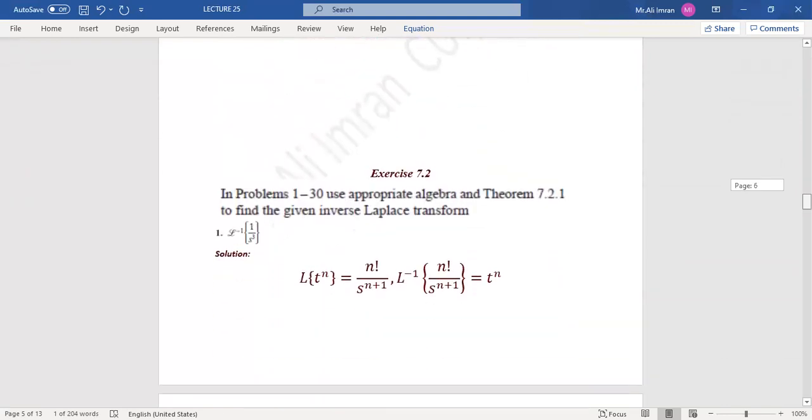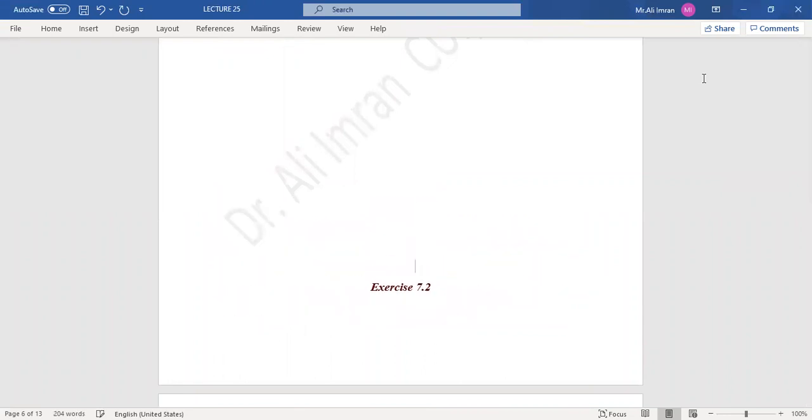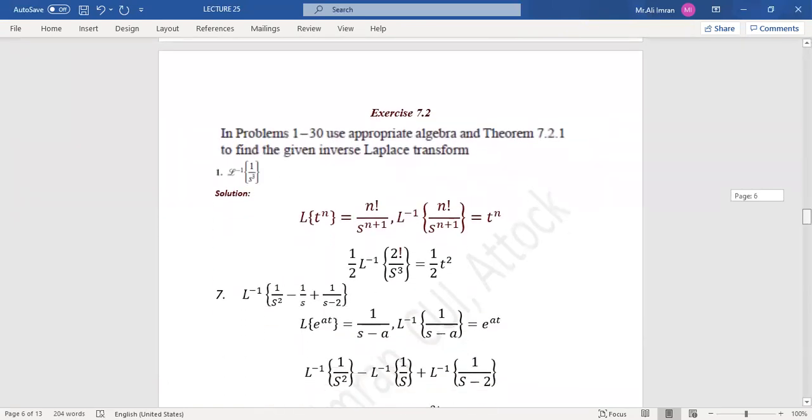Now we will solve some questions from exercise 7.2, problems 1 to 30. Use appropriate algebraic simplification to find the given inverse Laplace transform. The first question is the inverse Laplace transform of 1 divided by s power 3.